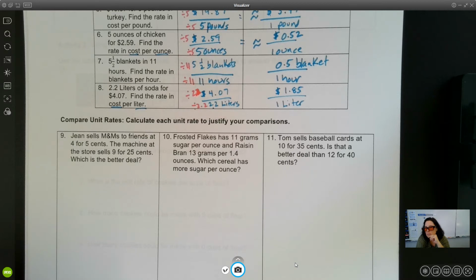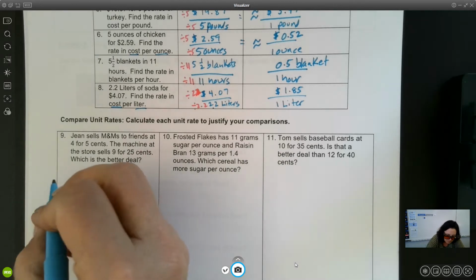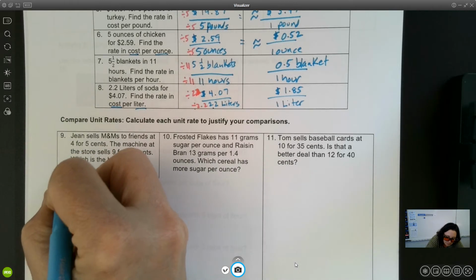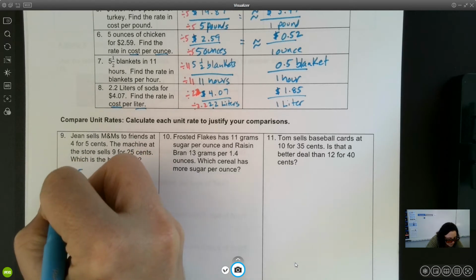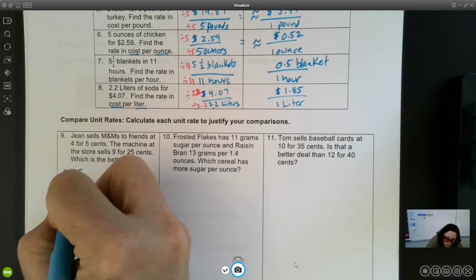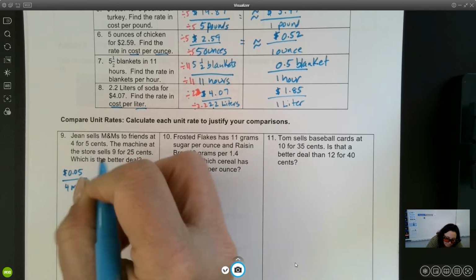So it doesn't matter which way you put the units, but you need to think about, before you answer, which one is the better buy depending on how you set those units up. So I'm going to set up money over M&Ms. I've got 5 cents for 4 M&Ms.